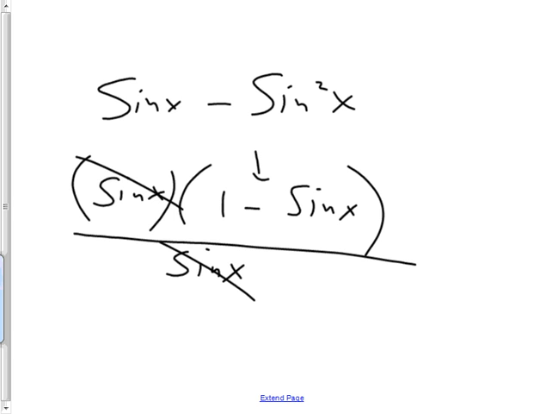Okay. This one down here: secant squared minus 1 over secant plus 1. I'm having mic issues, sorry.